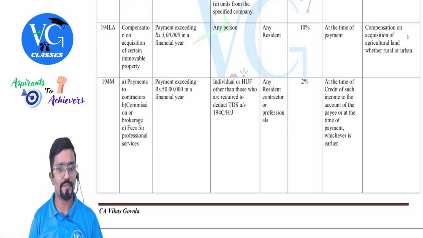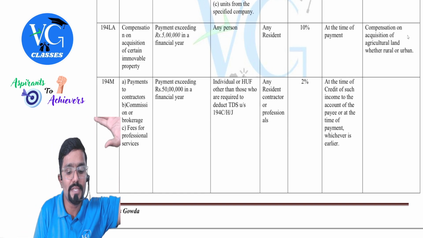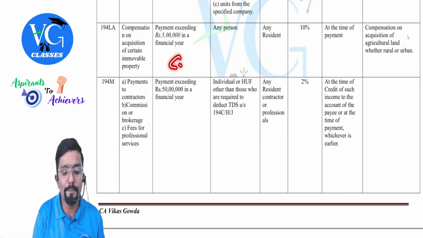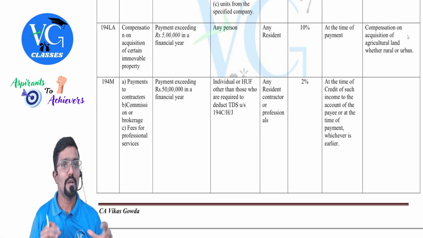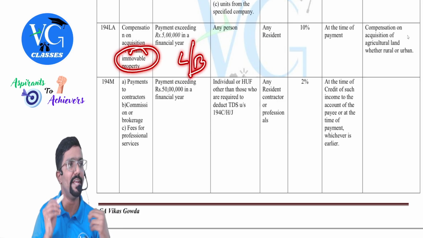Compensation on acquisition of certain immovable property. Guys, please be careful. Here what is covered is compensation. So compensation is paid when there is a compulsory acquisition. Compulsory acquisition of what, sir? Immovable property. Immovable property includes what? Land or building.